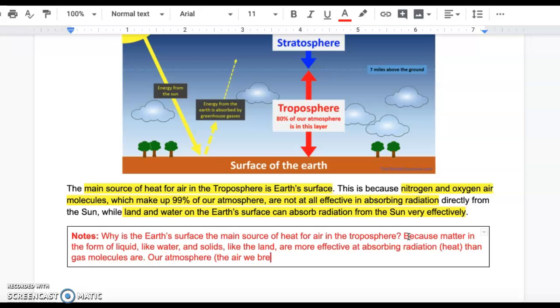The air we breathe is made of gas molecules.